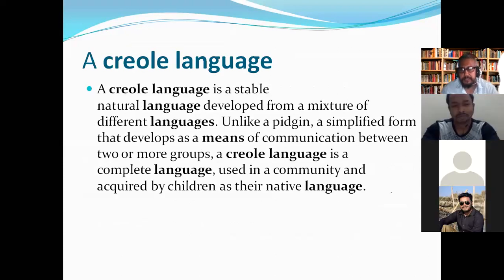So English language, suppose if any person goes to an English speaking country, just to make communication, he will be picking up some words. Okay, he can't use the full sentence, but he can say a fragment of a sentence to make communication. This is a Creole language.